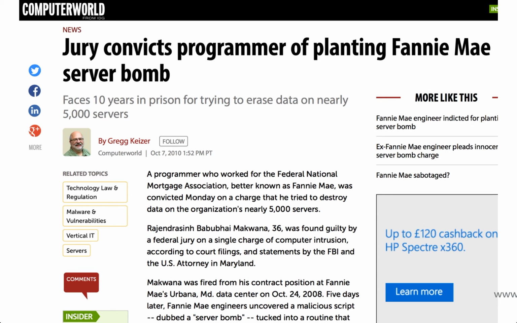Had that software time bomb been successful, he would have wiped out data from Fannie Mae's IT systems across the board, which would have in turn had devastating consequences for the whole US economy. Thankfully, his script was found and disabled before it had the opportunity to activate.